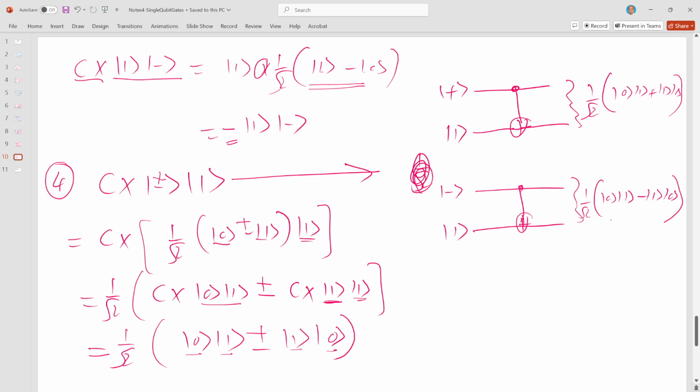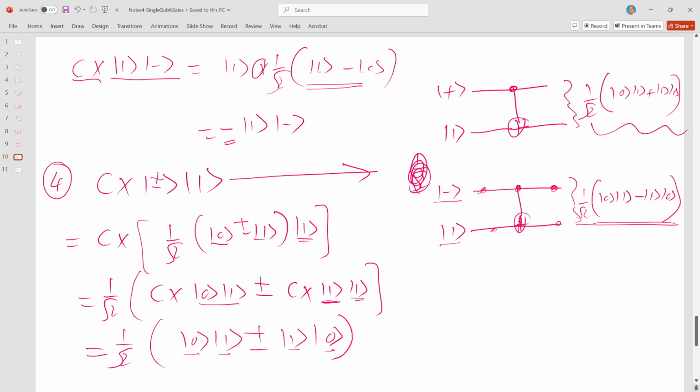Now this is a state that I can't even factor out into two parts. Like I can't write the state in terms of the left qubit and the right qubit state. This state which was factorized, where I could write this qubit state separately and this qubit state separately, after control X, the qubit states can't even be separated from each other.